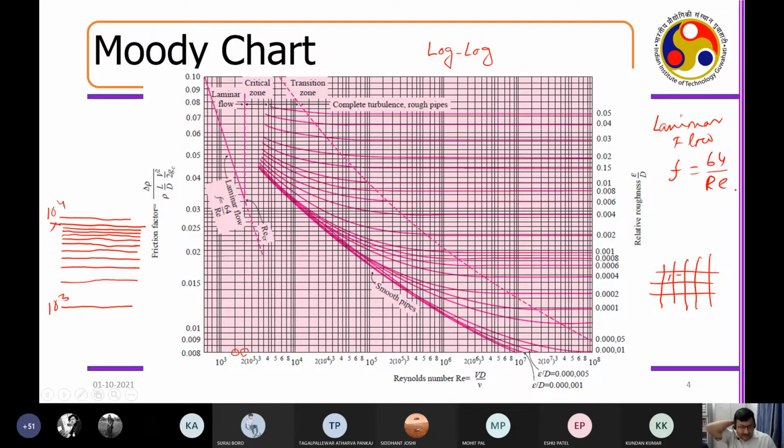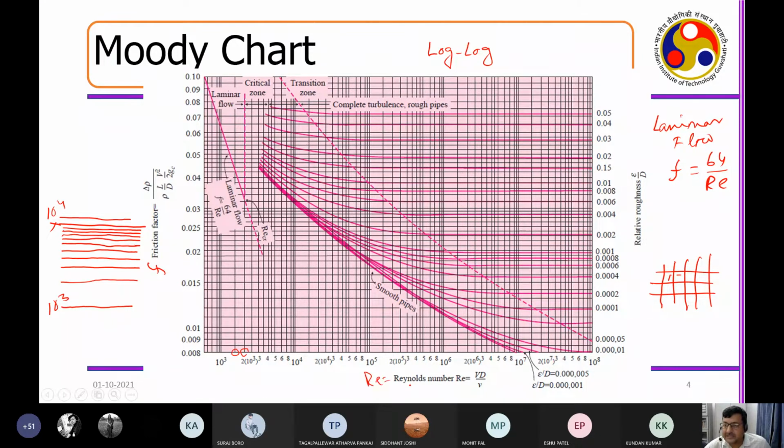This is called the Fanning friction factor. Now, suppose I want to plot, my y-axis is my friction factor, which is F, and this is my Reynolds number Re, correct?